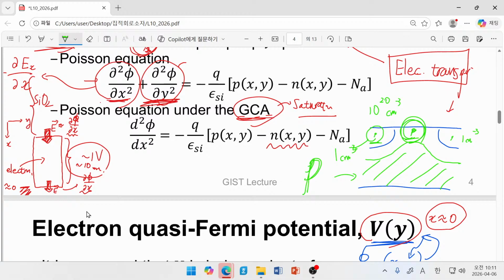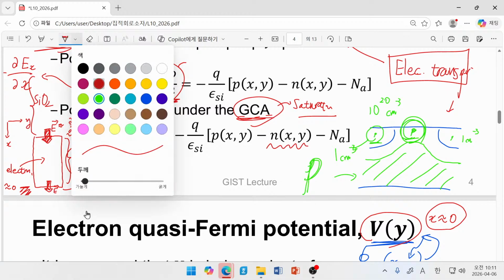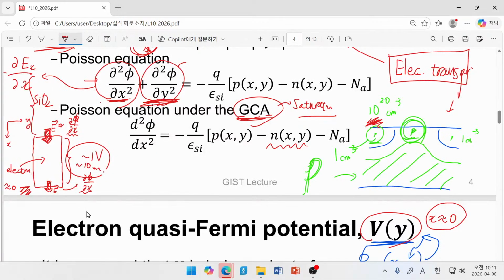So simply speaking, in this case, we have source voltage and drain voltage, and they try to specify the hole quasi-Fermi potential. But you know that variation of this quasi-Fermi potential only occurs in the least populated part, because the more populated part does not allow any kind of variation.